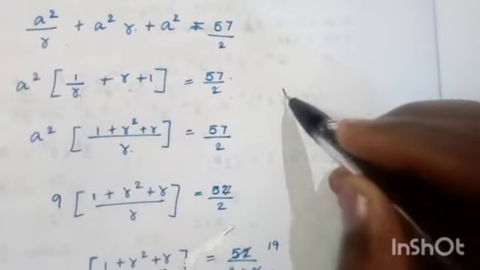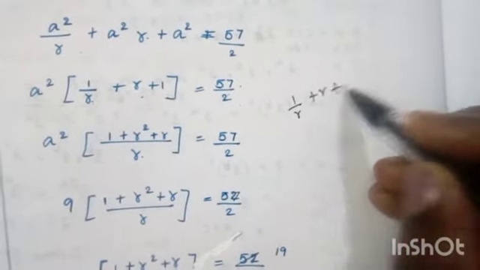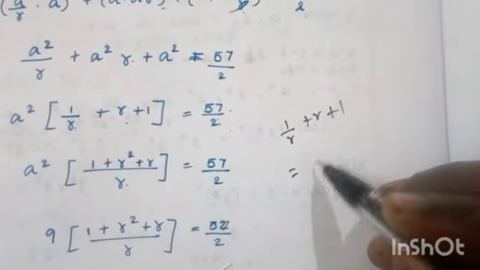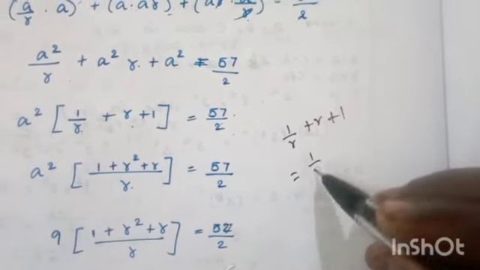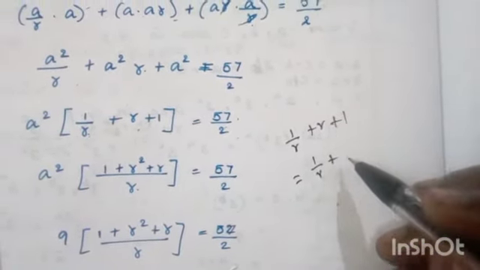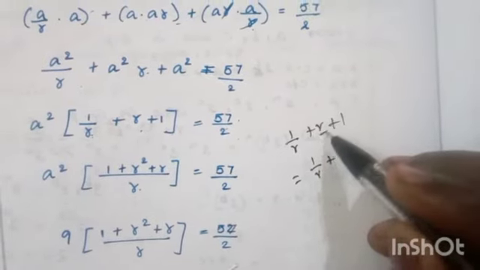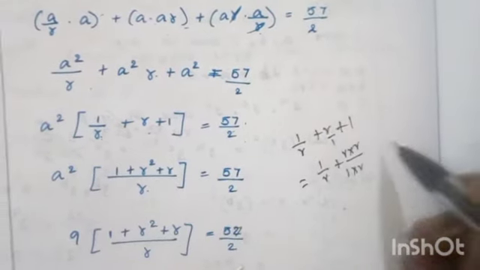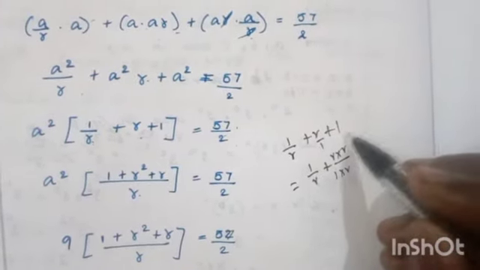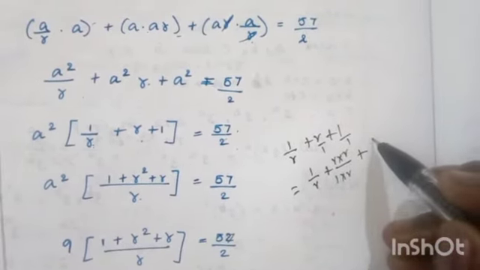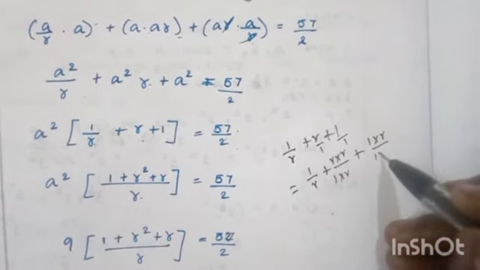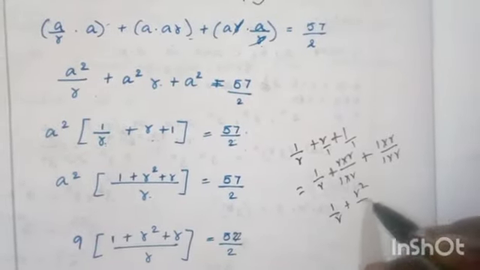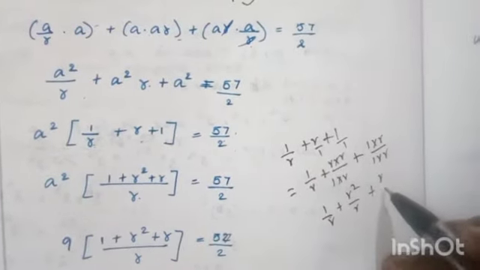Suppose you have a doubt about 1 by r plus 1 and taking the LCM: the LCM is r, so it is 1 by r plus r square by r plus r by r.